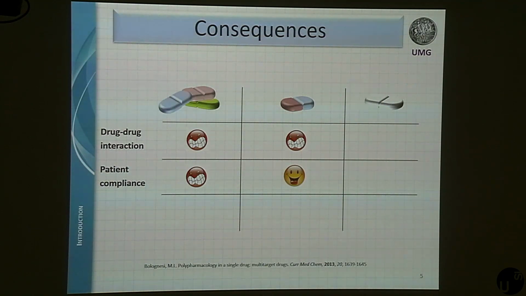In the fixed dose combination, we somehow reduce one of the two problems, even if the drug-drug interaction is always there, because when we use this in combination with other things, it is possible to have this problem. While, in our aim, the multi-target approach could solve at least those two problems. Now, the problem is how to do it.